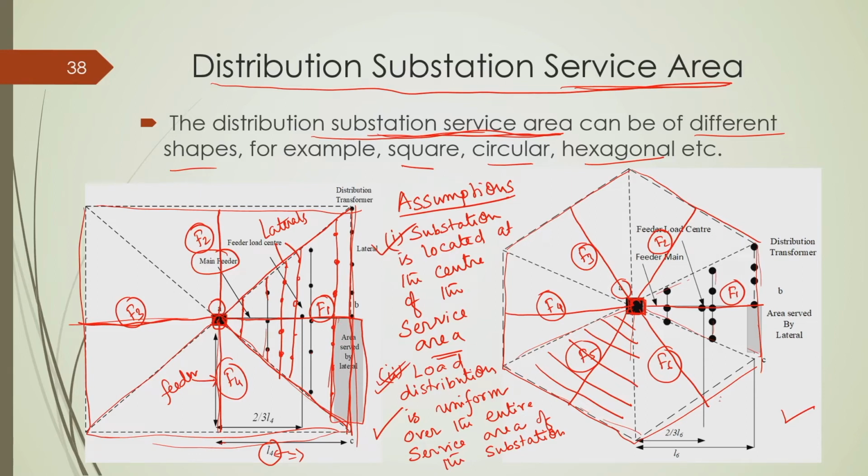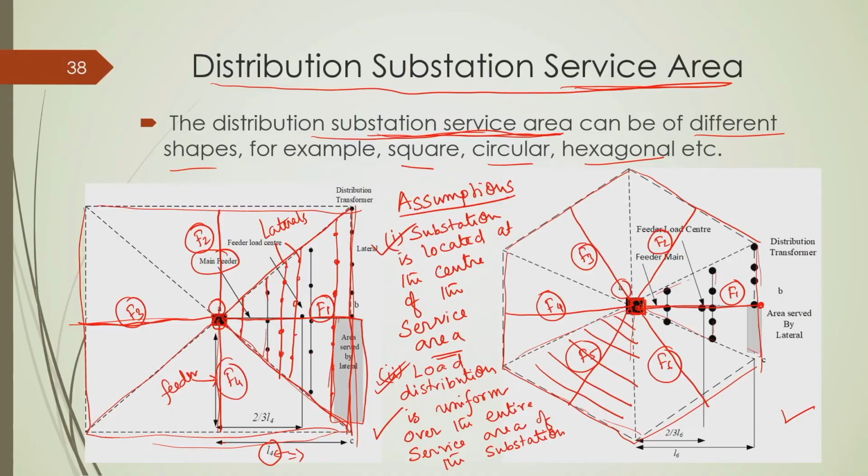Okay. Similarly, here also the length of the feeder means the distance between the substation and the distant customer of the main feeder. So, it is the length of the main feeder, and it is considered to be L 6.